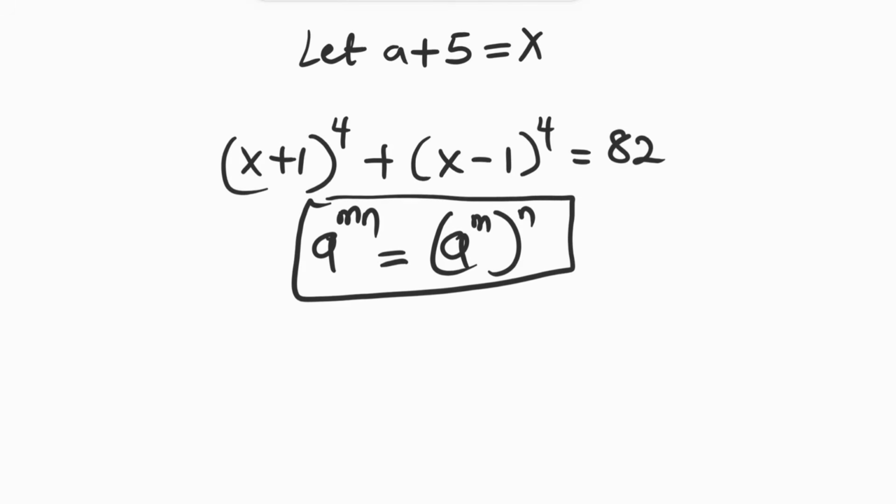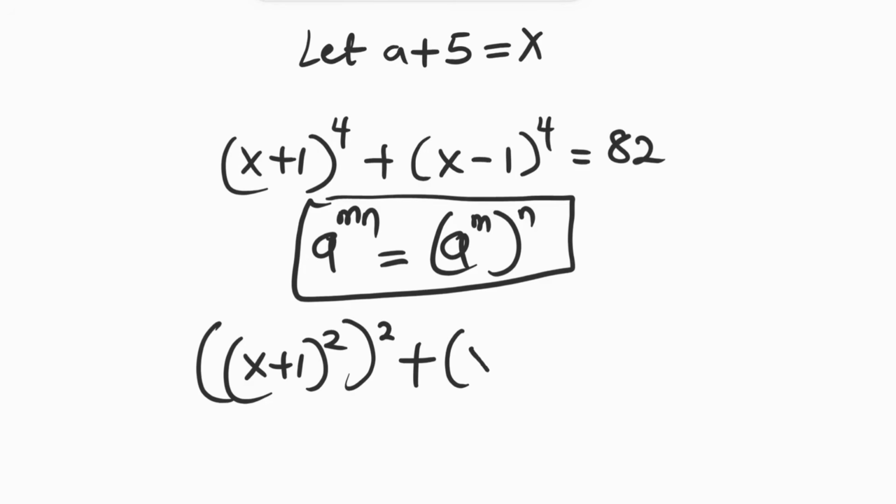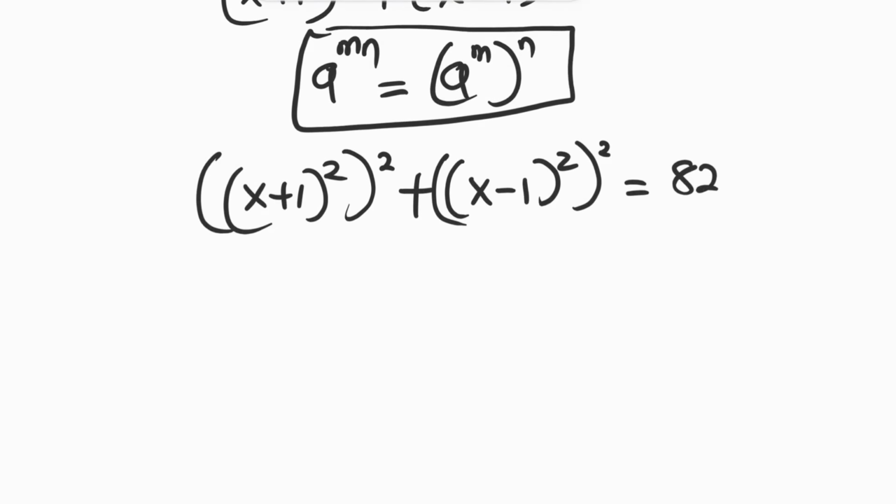Let's apply this to the left hand side. 4 is the same thing as 2 times 2, so we can rewrite the left hand side as ((x + 1)^2)^2 + ((x - 1)^2)^2 = 82.